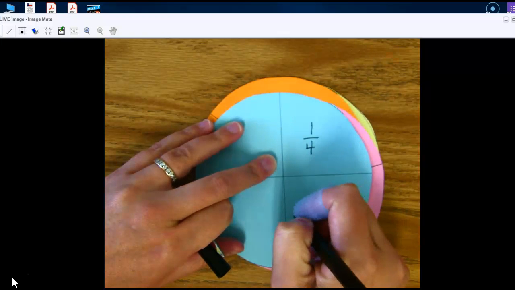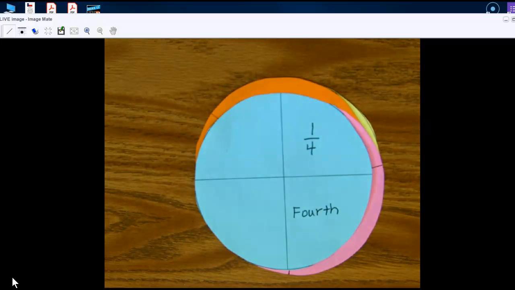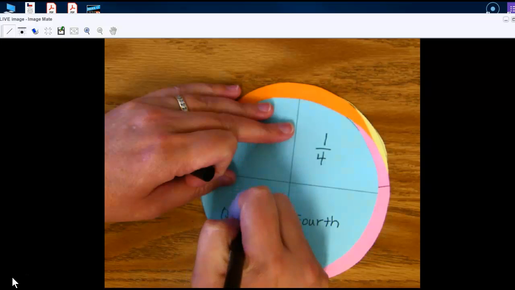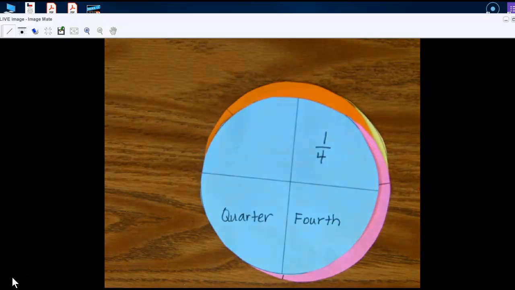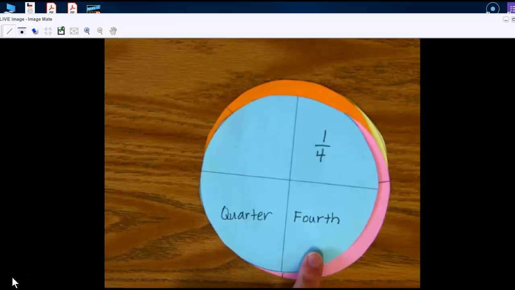We call it a fourth. There's another name for a fourth, a quarter. Just like a quarter in a coin is a quarter of a dollar. It's 1/4 of a dollar. You can say this is 1/4 of the circle. You're going to write all 3 of those.